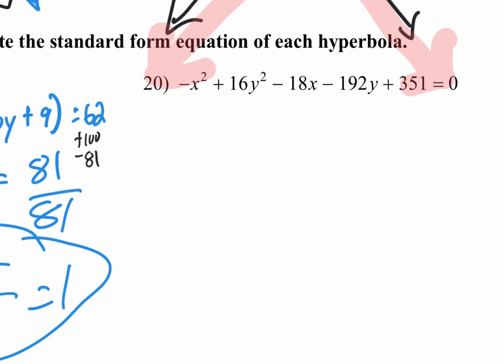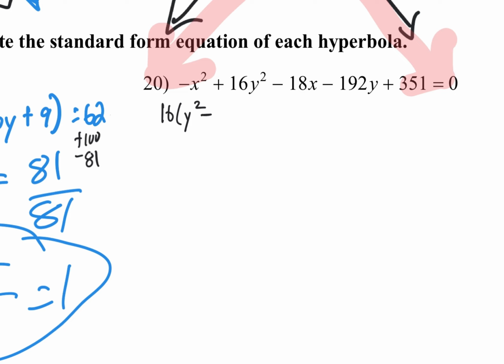So the difference between hyperbolas and ellipses is that symbol right there, the negative. When we put these in order, we want to do the y value first, because that's our one that's positive. So we've got 16y squared. What do I have to factor out of the y's? 16. That leaves me with y squared.